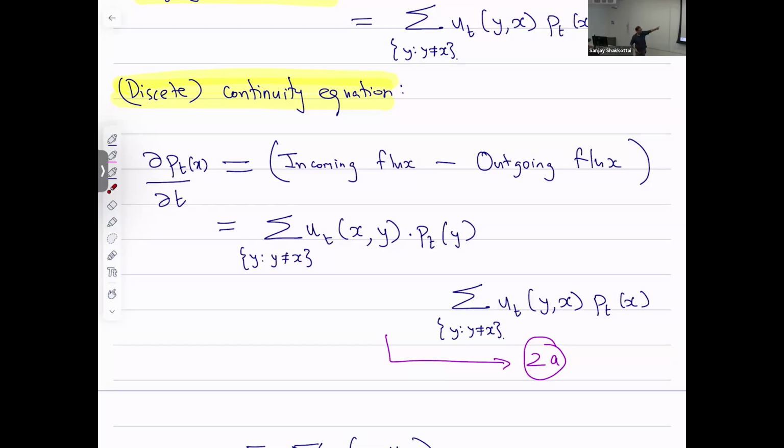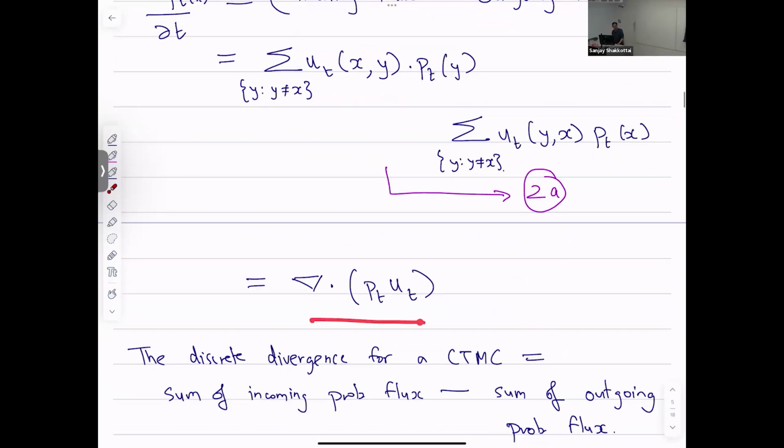So we can define this difference as the discrete divergence of u_t p_t. Mathematically, it now looks identical to the continuous thing. And so in analogy, we will do all the calculations we did with continuous flow models, but with this notion of divergence. Essentially that will give you whatever we did with CFM, continuous flow matching, conditional flow matching; we'll get a similar story here.